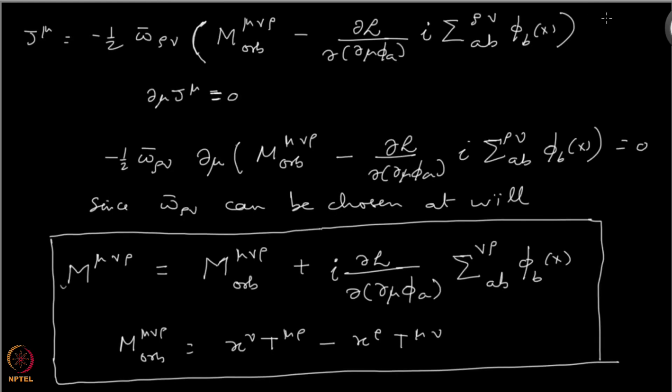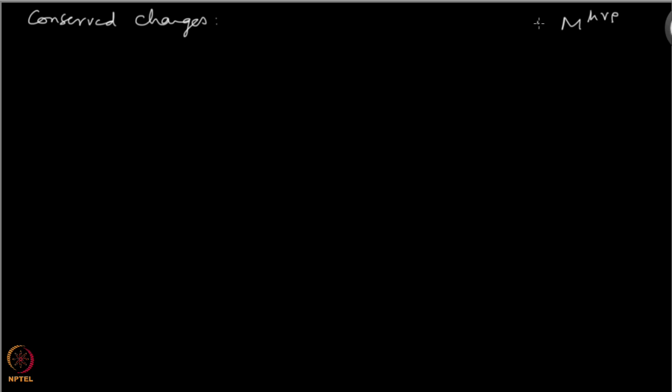So we have found the conserved current, and I should write the conserved charge now. So we have M mu nu rho, and you remember you have to put J0, right? The integral of d cube x of this gives you the charge.